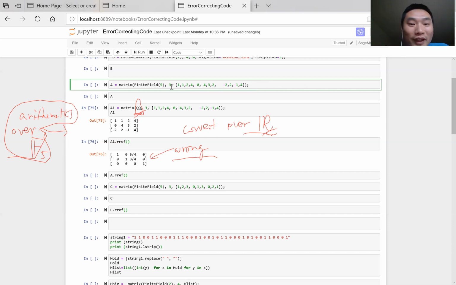So the correct way, I mean, is to declare that we are doing a finite field here. That only works in the Sage Math file. I think I am able to share this with you after next Monday, because it does contain the correct answers, which I am not allowed to share before you submit the project.